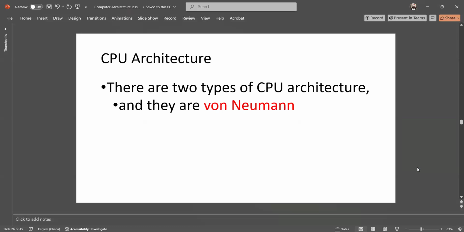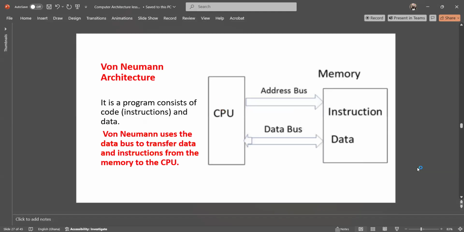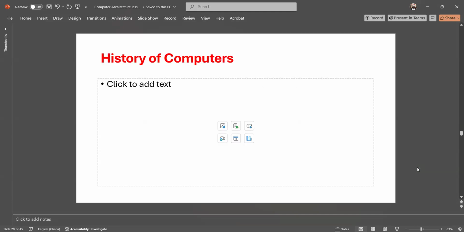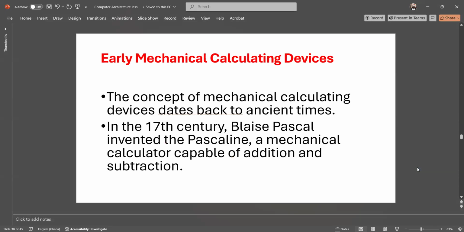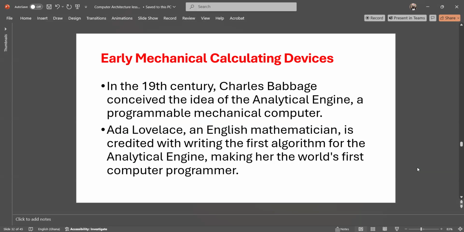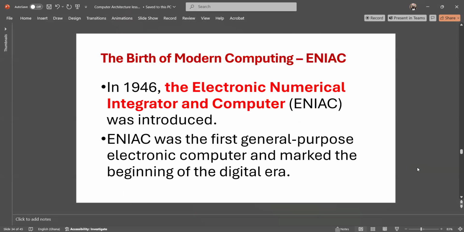After today, your job is to go and read on the von Neumann architecture. That is the first topic we will treat when we come here next week. Secondly, your job is to read on the history of a computer. I want you to read the early mechanical computing devices. I want you to read the birth of modern day computing.